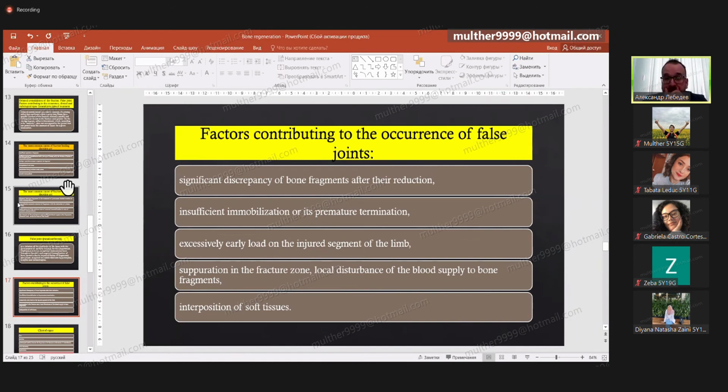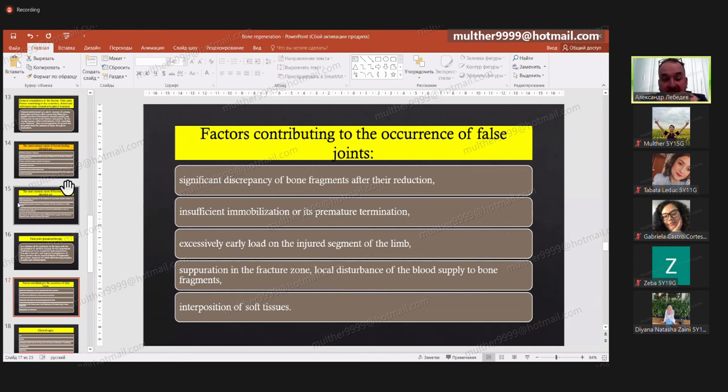Factors for the development of pseudoarthrosis. It's not so different from malunion, but all of these things happen more in the future, for example. These things happen as a process in the patient's life after 2 or 3 months of injury.